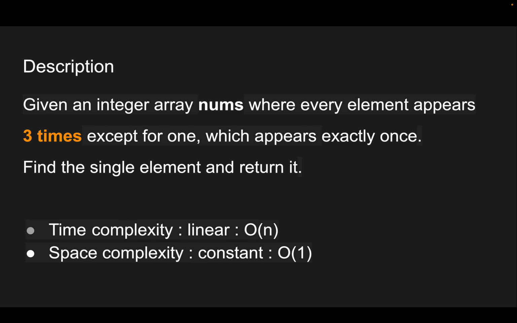The problem description is that given an integer array named nums, where every element appears 3 times except for one element which appears exactly once, our goal is to find the single element that appears exactly once and return it. The requirement is that the time complexity needs to be linear and the space complexity needs to be constant.